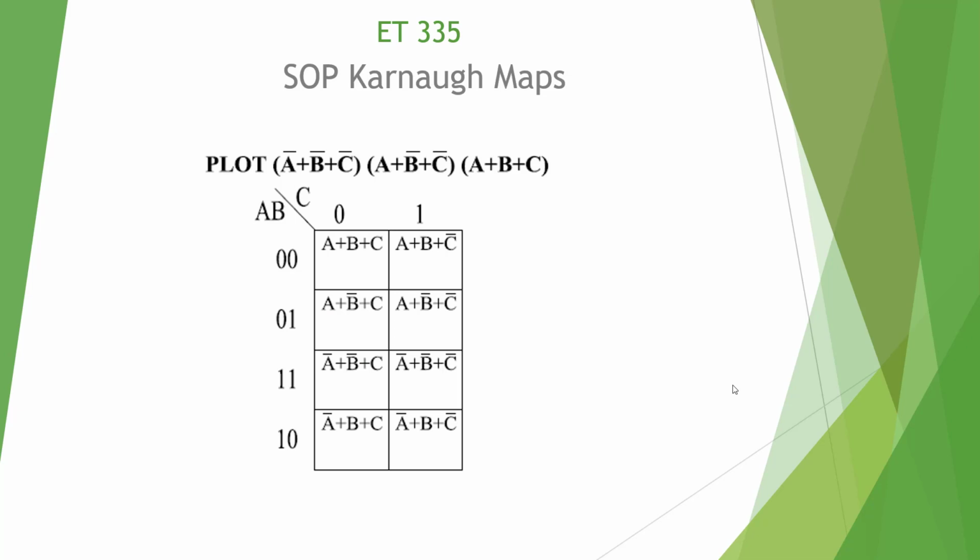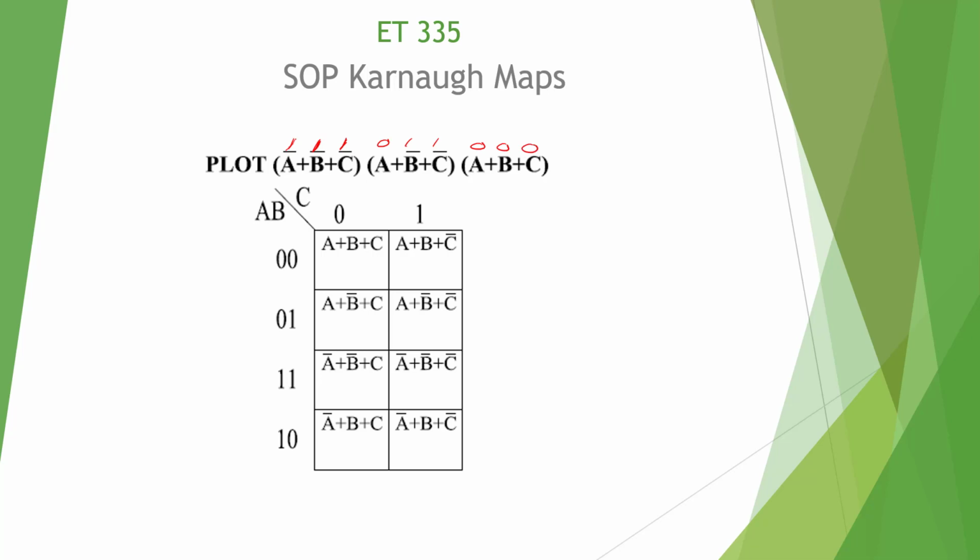Okay, here we have a 2 by 4 SOP Karnaugh map, and we're going to go through the entire method of reduction. So first thing we need to do is plot it. So here we have a 1, 1, 1, 1, 0, 1, 1, because we're evaluating it out to a 0, and this is 0, 0, 0.